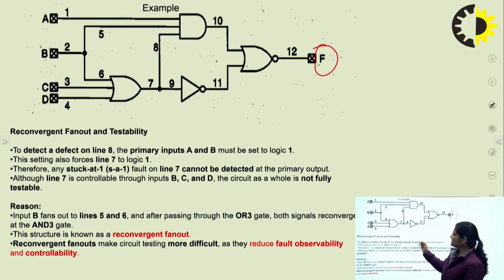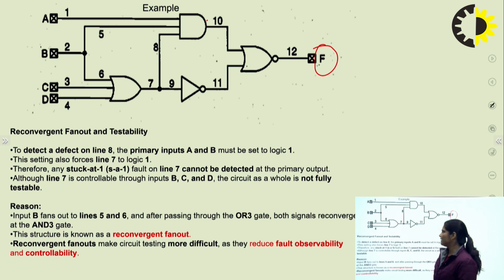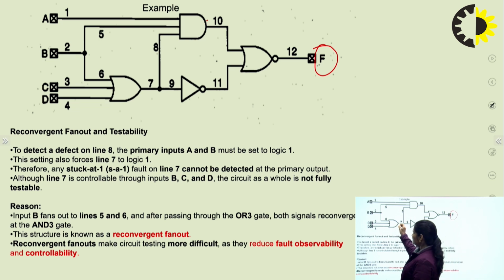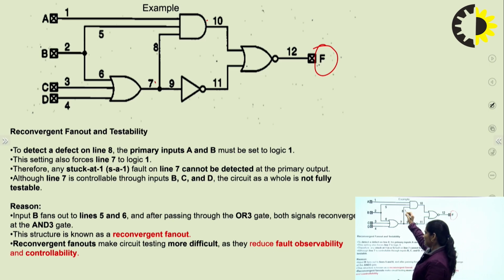Here we can see the output of this AND gate depends on inputs A and B, and the output generated from this OR gate. And this OR gate output depends on the inputs B, C and D. So if we have to do testability, we have to detect test line 8.